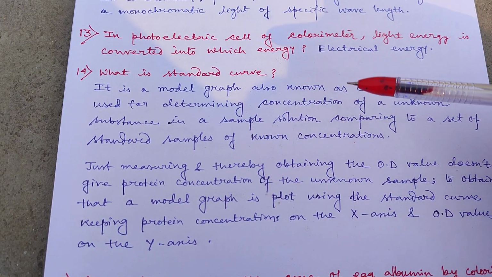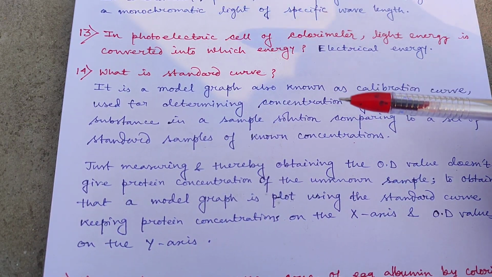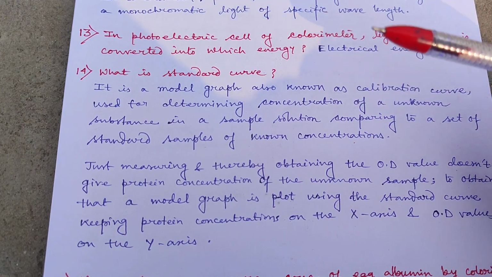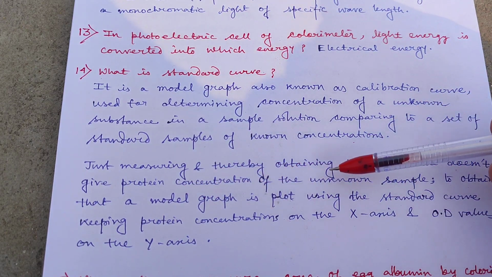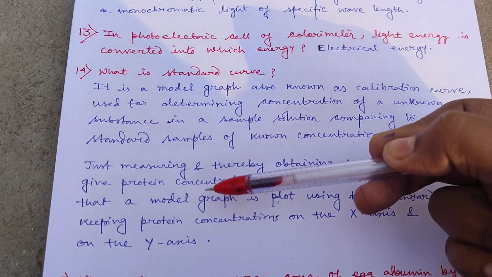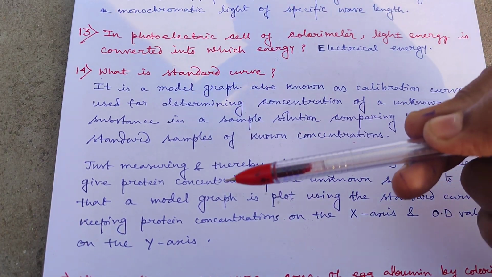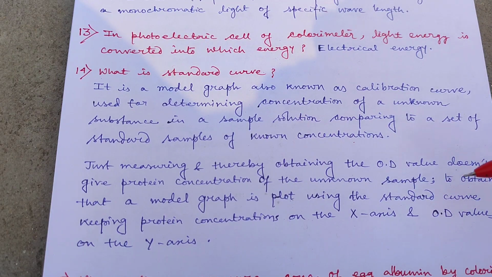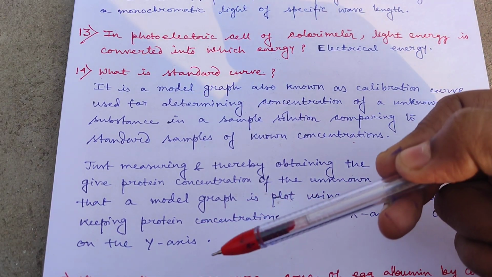For that you need to plot your OD value against a standard curve, which is prepared using standard samples with known concentration. So a model graph is plotted, keeping protein concentration on the x-axis and OD values on the y-axis.